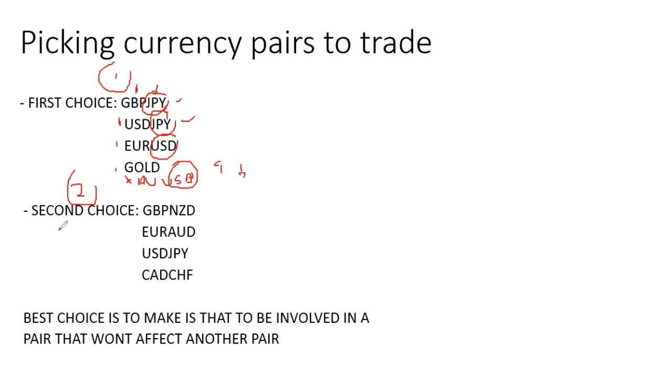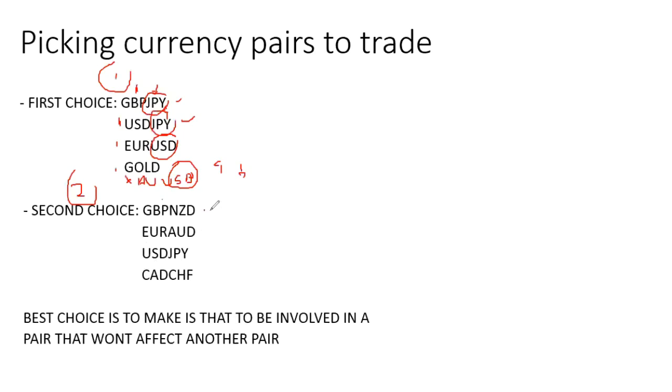Now the best way is to choose the second choice. We've got GBP/NZD, we've got EUR/AUD. It's not the same as this one. There's no currency that's the same as this one. And we've got USD/JPY, and we've got CAD/CHF. So in this pair set, if any of the currencies get affected by news or anything like that, nothing is going to happen to the others.